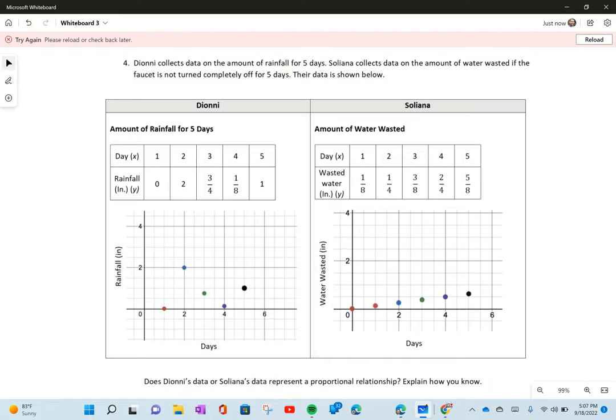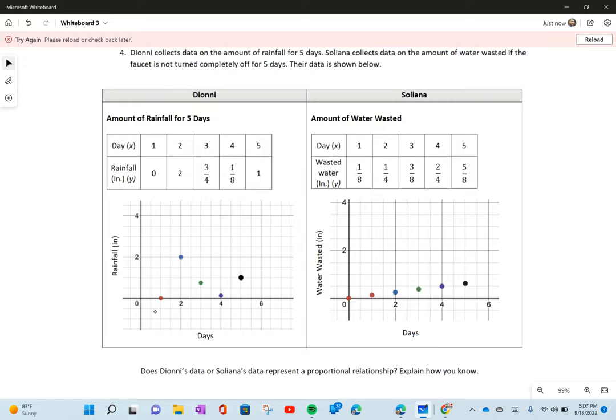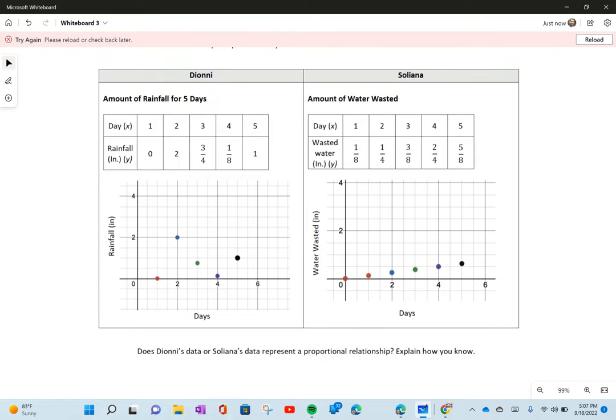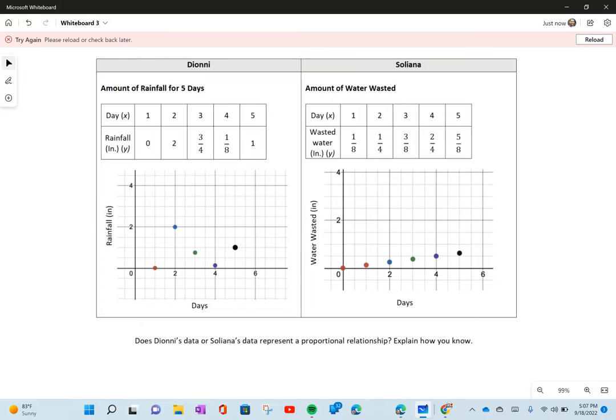And I can't tell, is that inches per year, or inches of water wasted? Okay. Well, to tell if it's proportional or not, the ratio table could be helpful, but the graph tells you a lot. But just to double check, we'll look at both.